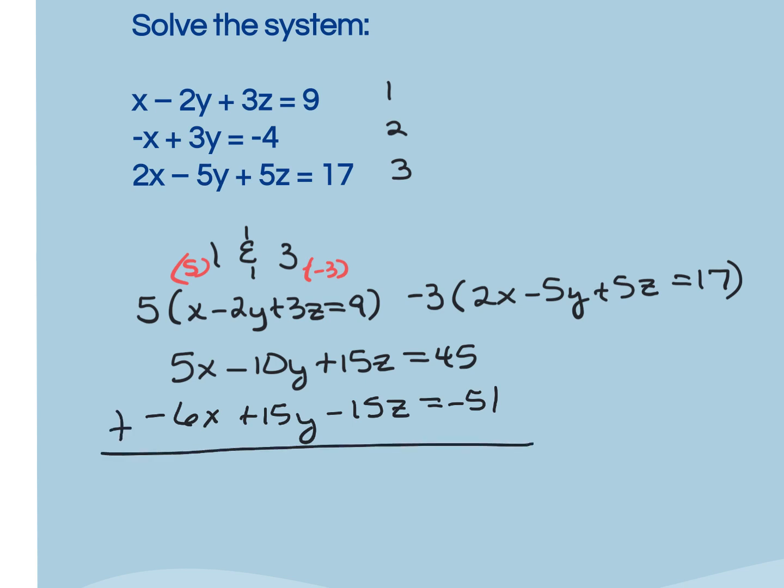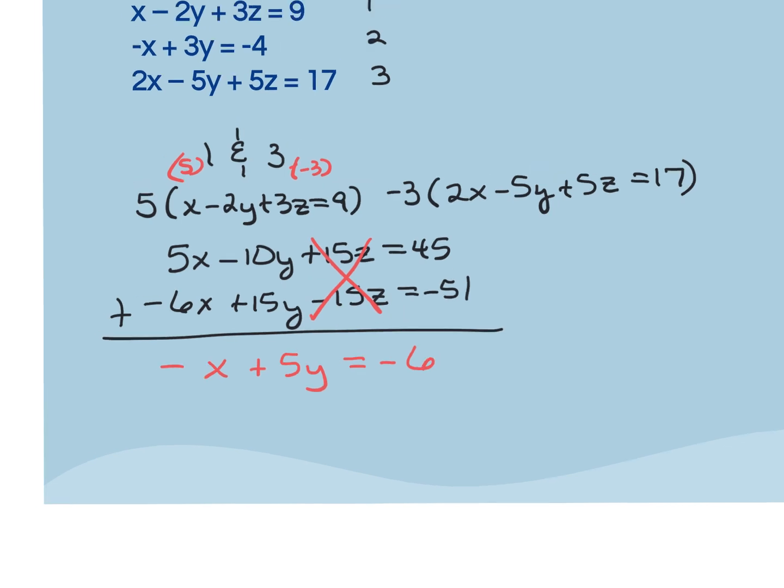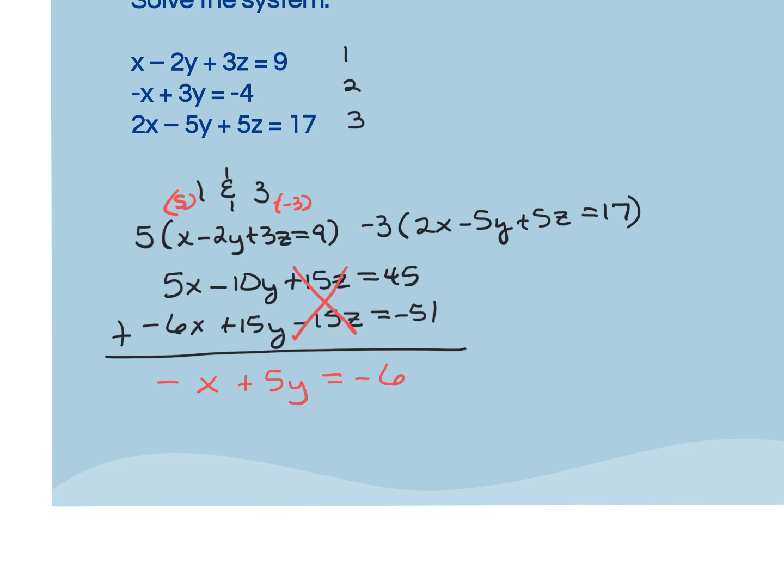I'm using elimination here. I'm going to now eliminate the letter z. When I add the two equations together, I'm left with negative x plus 5y equals negative 6. I'm now going to combine this with equation number 2, but I am going to multiply equation number 2 by negative 1.